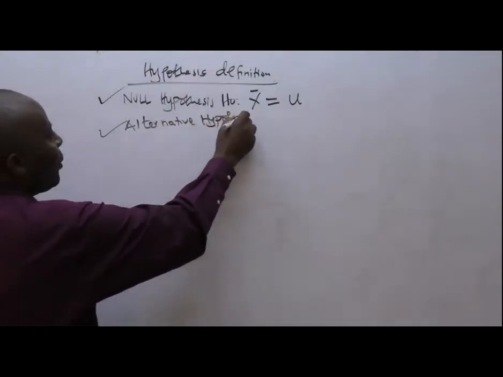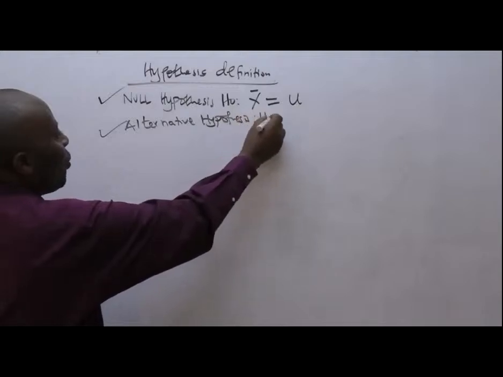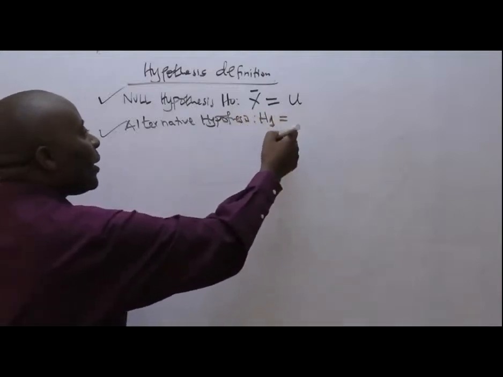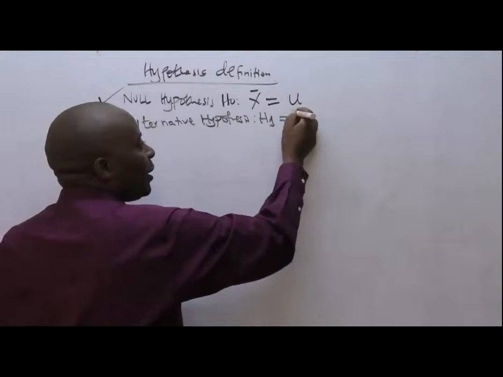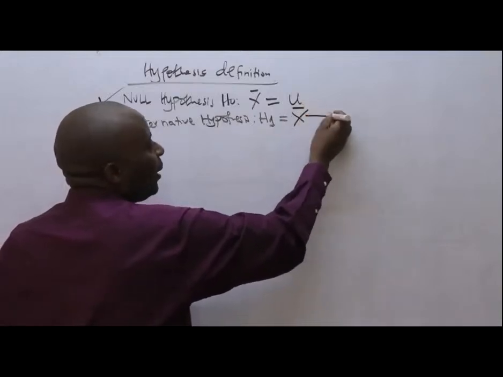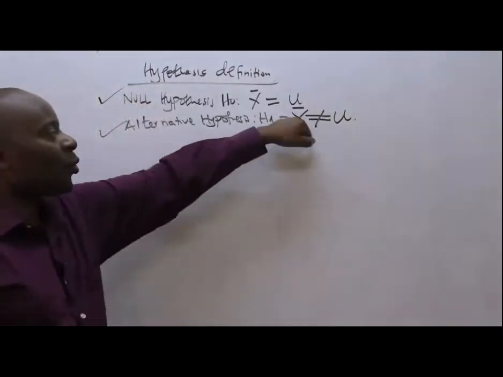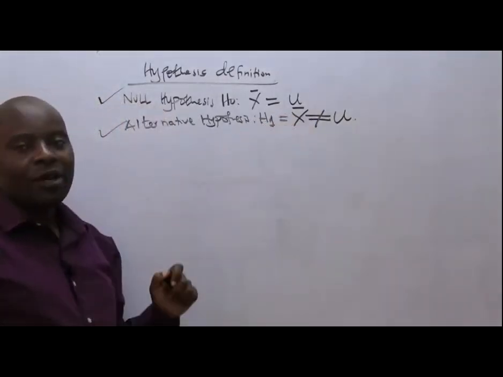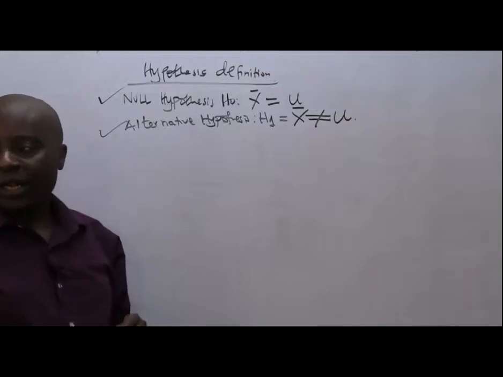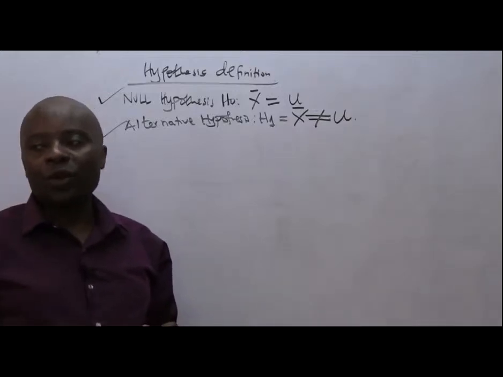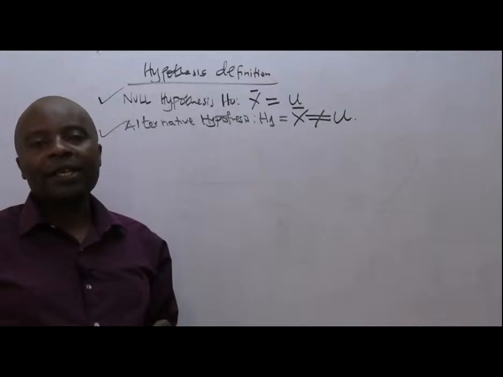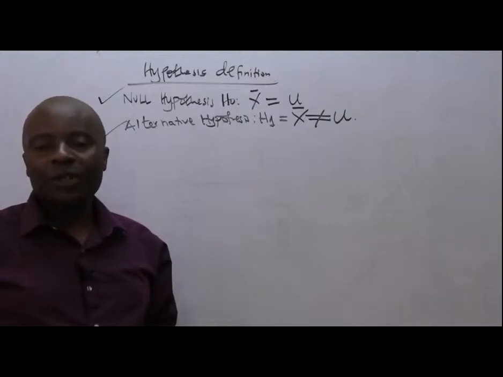The alternative hypothesis, which will be H1, is the one that is going to prove that the sample mean is not equal to the population mean. When you cross it like that, it means not equal. So X bar is not equal to mu.